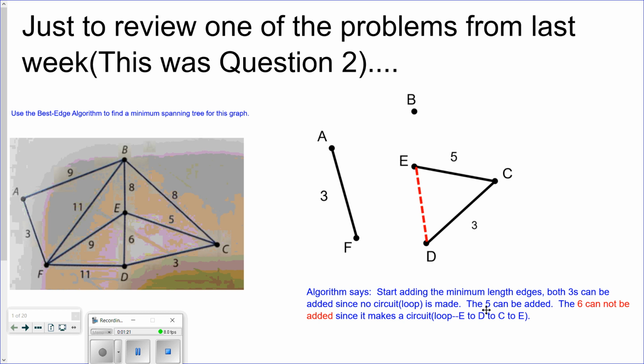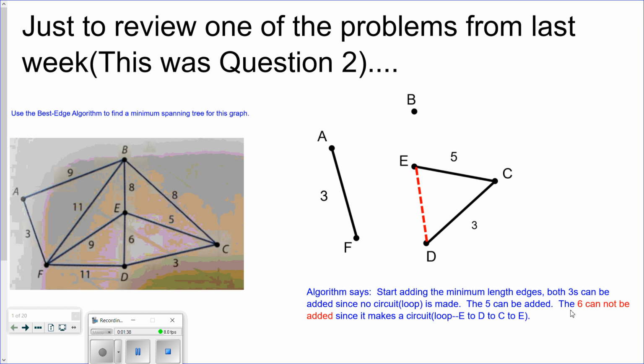If we continue on with this, then the 5 would be the next minimum edge. So I also added the 5 from E to C. And that's okay since there's not also a circuit being made yet.